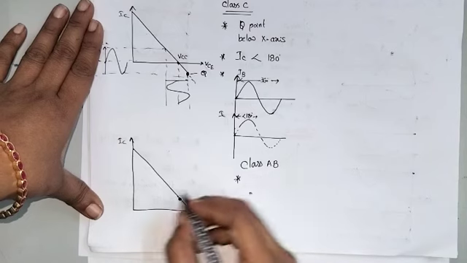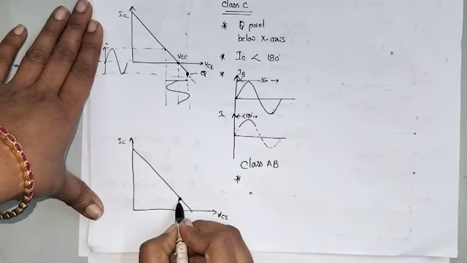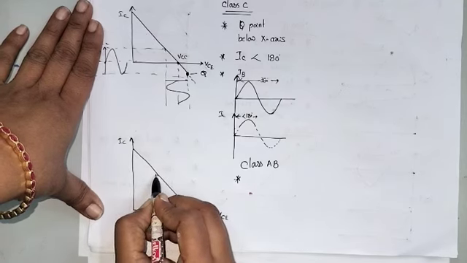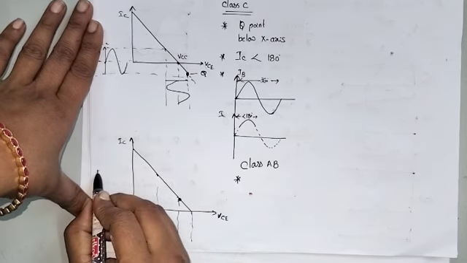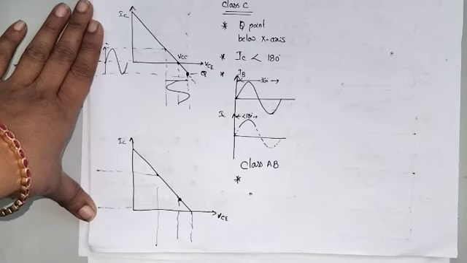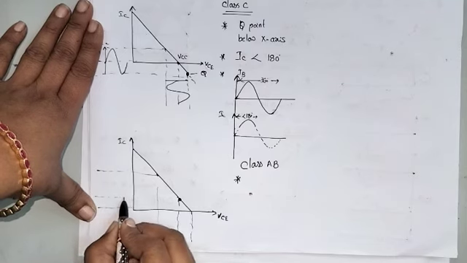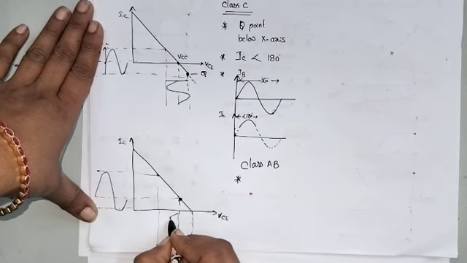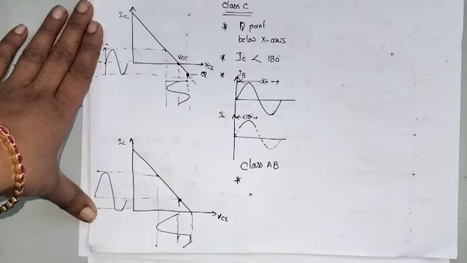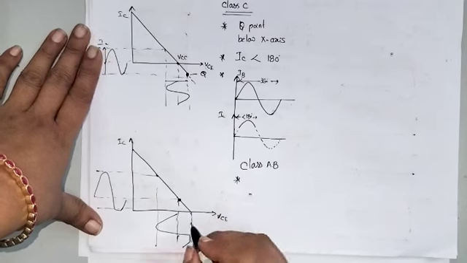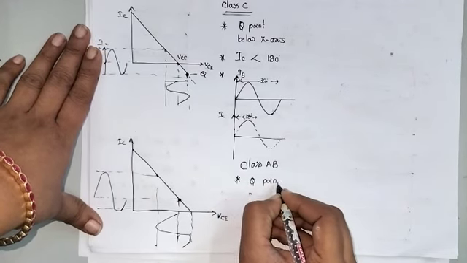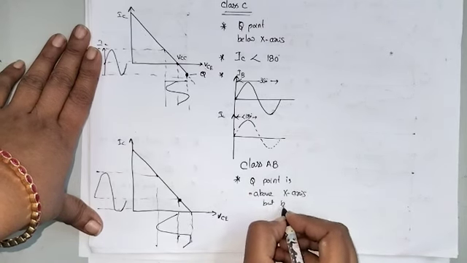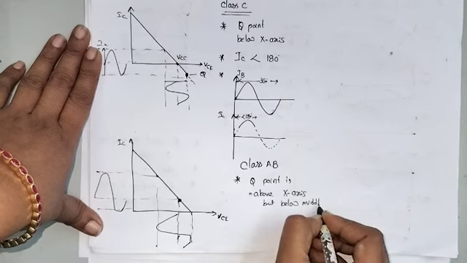For the class AB power amplifier, the Q point is above the x-axis but below the middle of the DC load line.